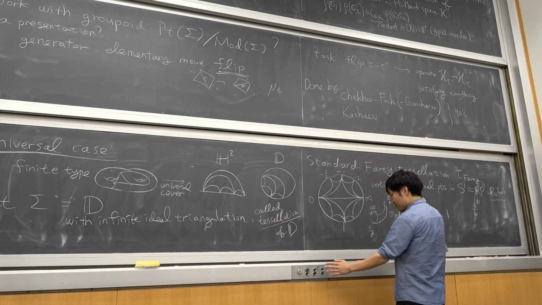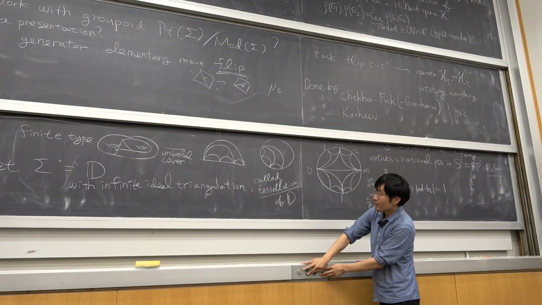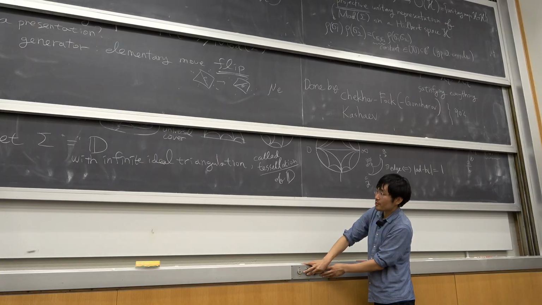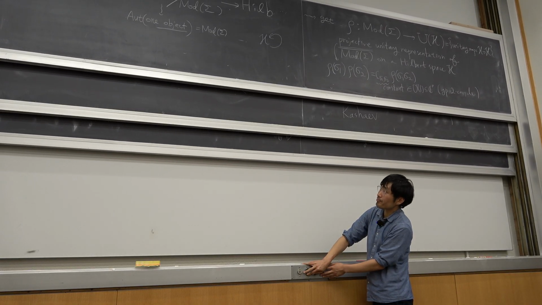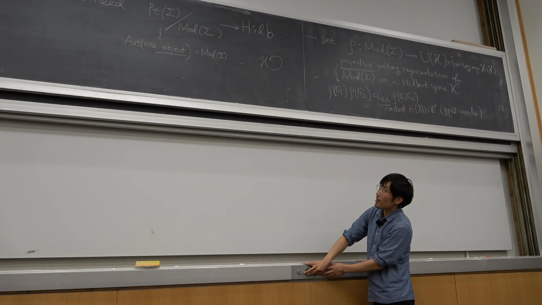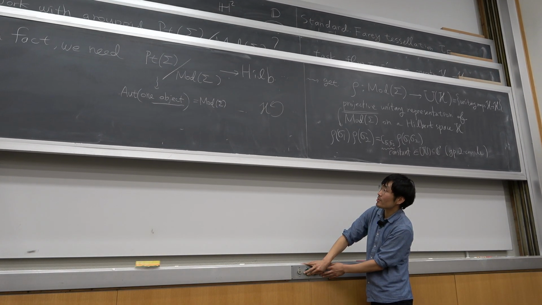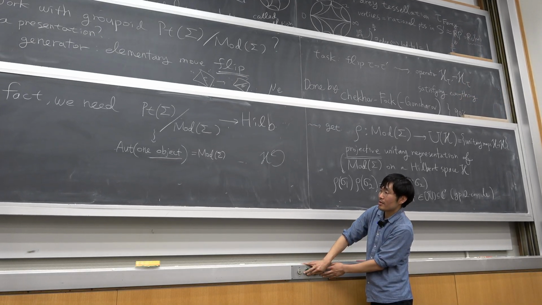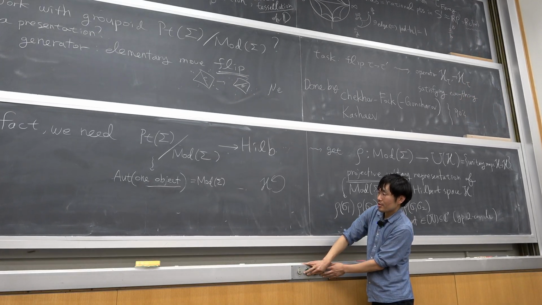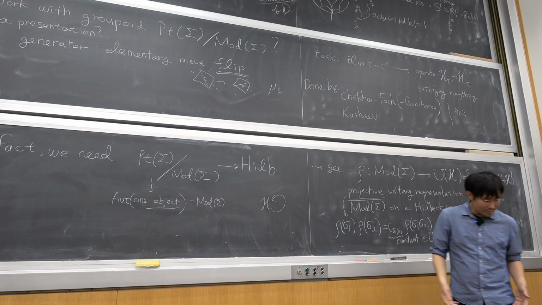And so I fix a reference tessellation, and I have to talk about what happens if we choose a different tessellation. And here in this board that's coming down, we have seen that we know how to deal with one flip at a time. So the strategy is let's only deal with finitely many flips.